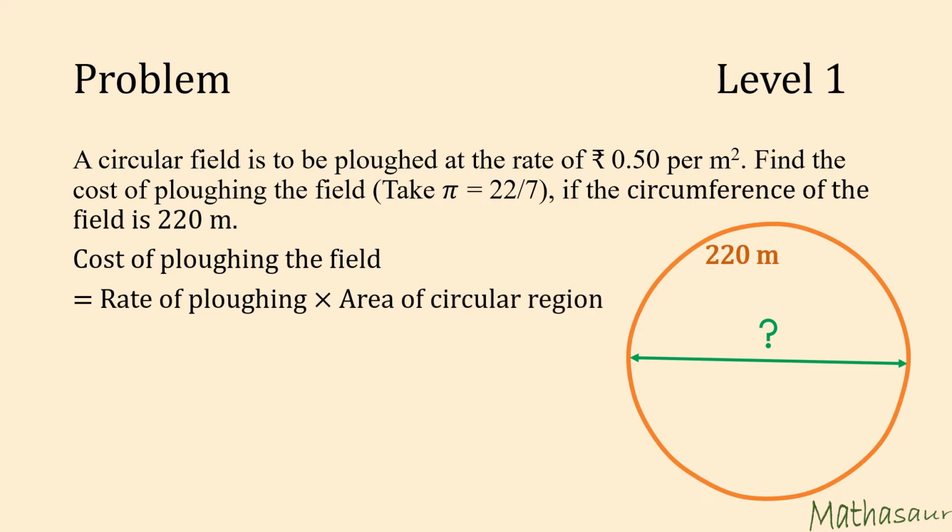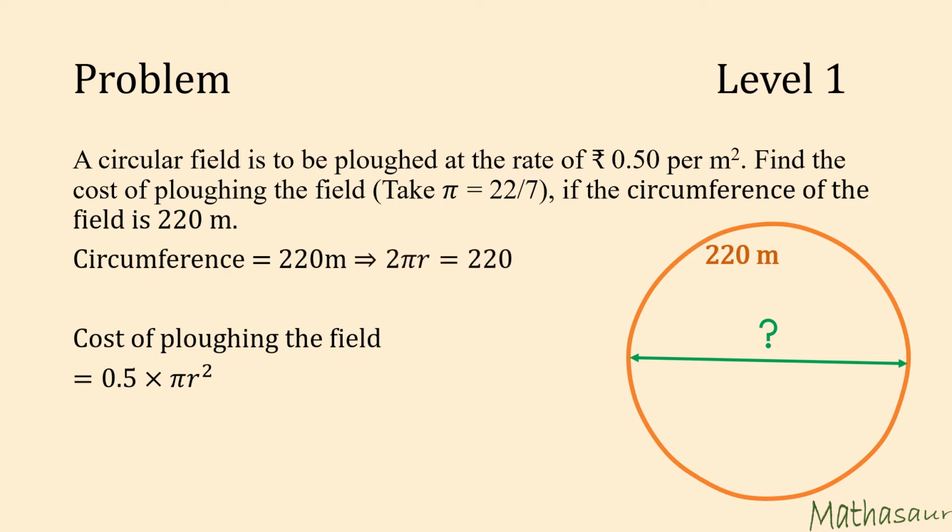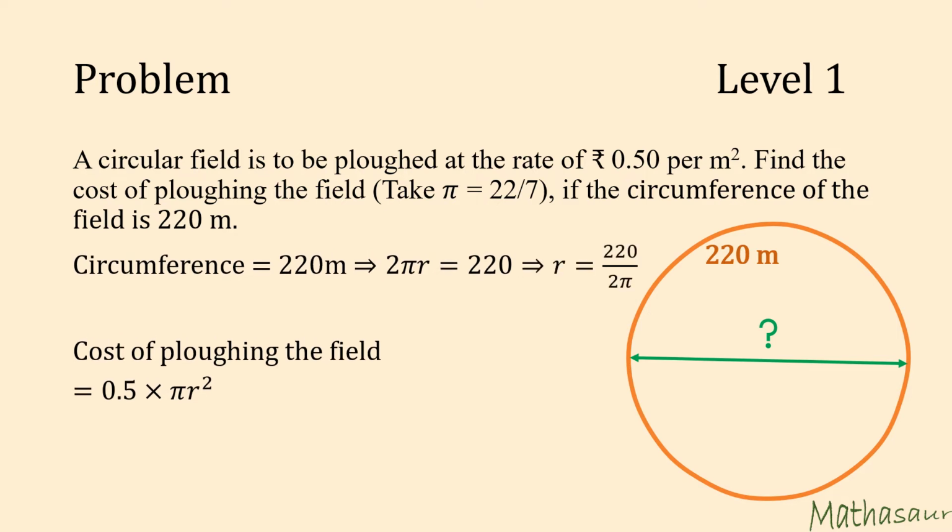Now since the field is circular, area of the field would be equal to area of the circular region, or 0.5 times pi r square. But we do not know r here. However, we are given the circumference. Now we know that circumference is 2 pi r. So let us solve for r.